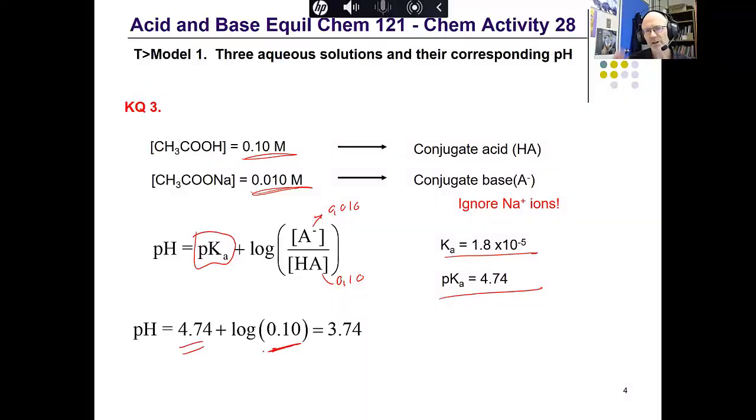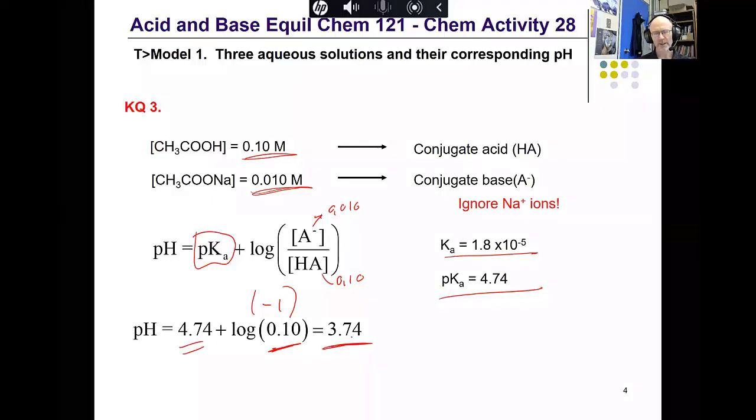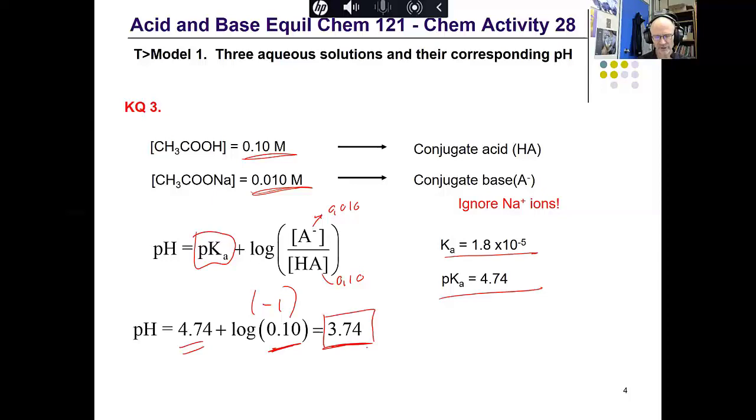So as I say, I know you can just plug in the values, but when you calculate log of 0.1, I think you will see that it equals -1. It'll be a negative number. Anytime you take the log of a fraction or a log of a number less than 1, you're going to get a negative value. So here's the pH, 3.74. Does that make sense? Would we expect a pH that's more acidic than 4.74?